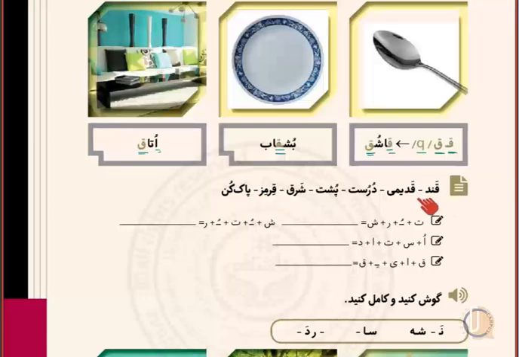So قند, قدیمی, please repeat. درست, پشت, شرق, قرمز, پاک کن.